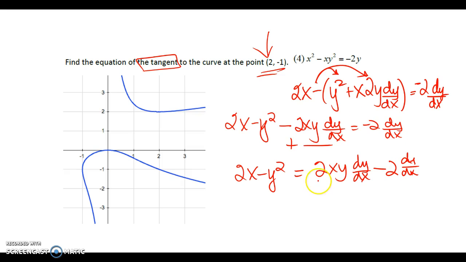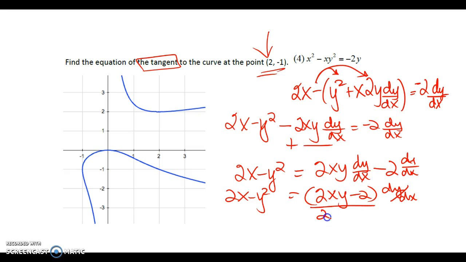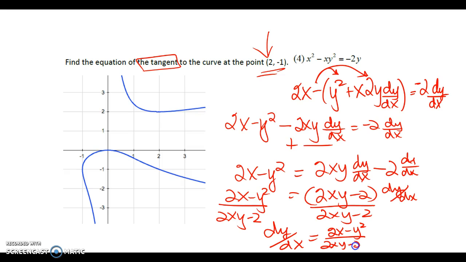Let's factor out the dy/dx. 2xy minus 2, times dy/dx, equals 2x minus y squared. These get a little bit crazy. So I divide by 2xy minus 2. So I now know that dy/dx equals 2x minus y squared over 2xy minus 2.